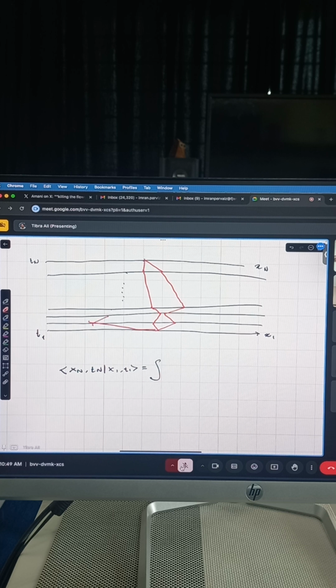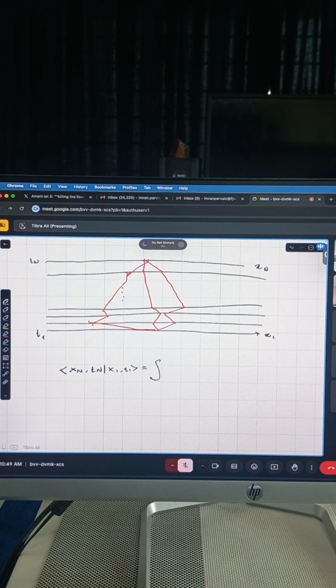So here we integrate over all the spatial slices during the intervals.